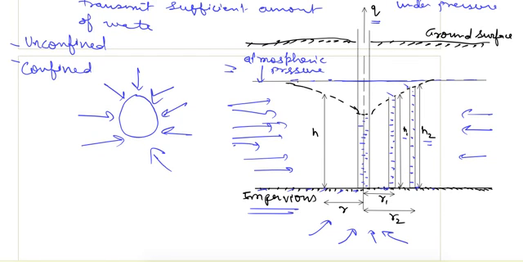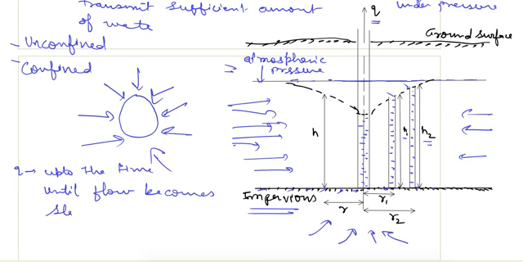So first of all, the pumping will start, and at that time flow will not be steady, but it is continued until flow becomes steady. So when flow becomes steady, then only these H1 and H2 values will be constant. Before that it will be decreasing, and we will not get a constant value. So flow is continued up to a point until we get a constant value of these heads. So that is the first thing.